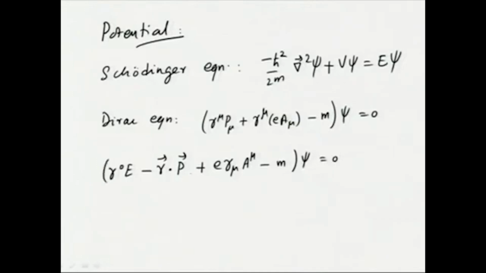I will take E to one side just to compare it with the Schrodinger equation, multiplying by gamma 0.